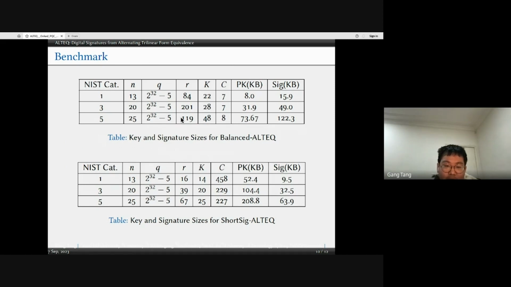But in the short signature mode, we increase the public key size to 52.4 kilobytes, and we reduce our signature size to 9.5 kilobytes for category 1.